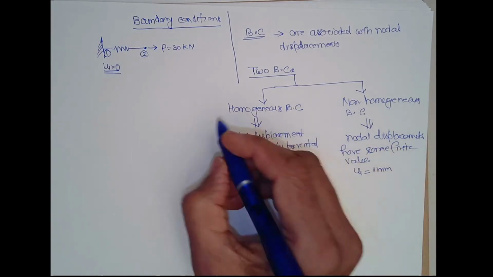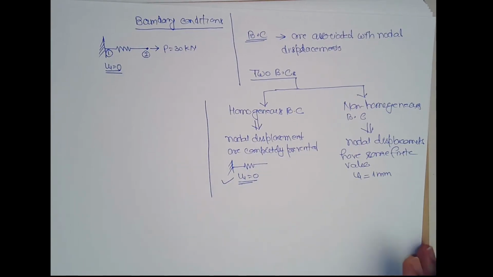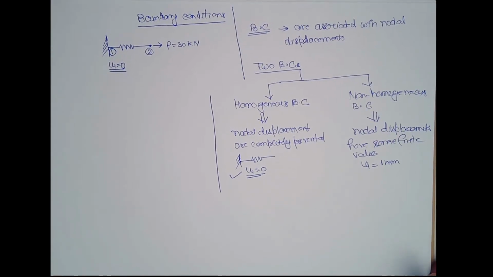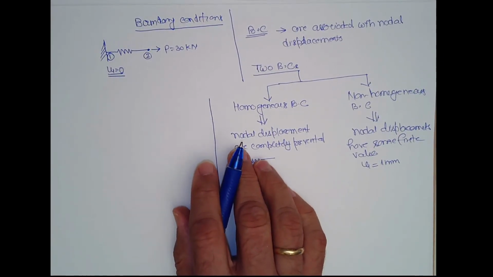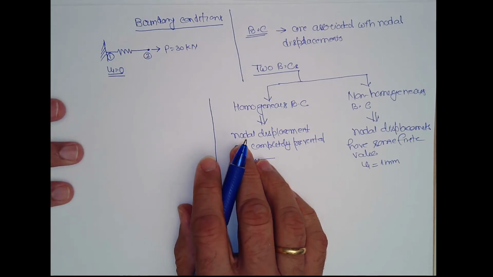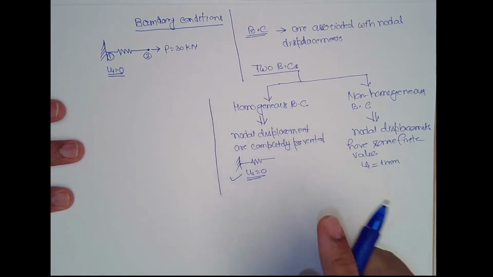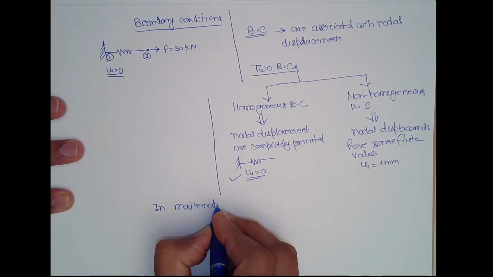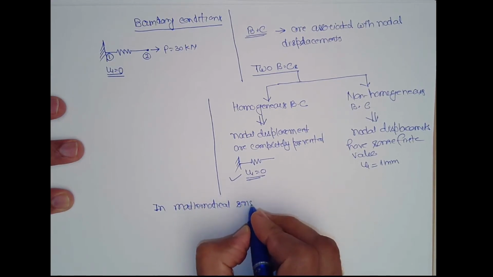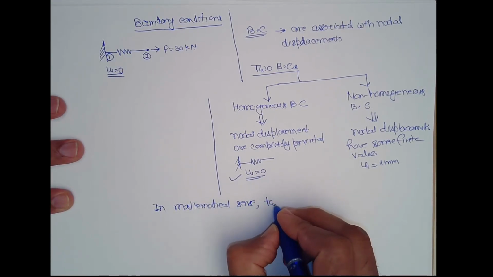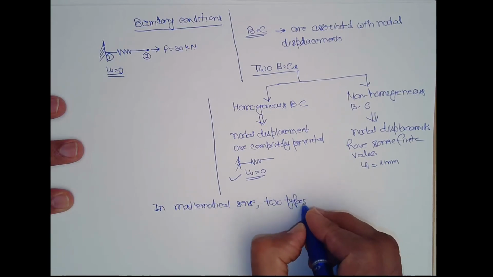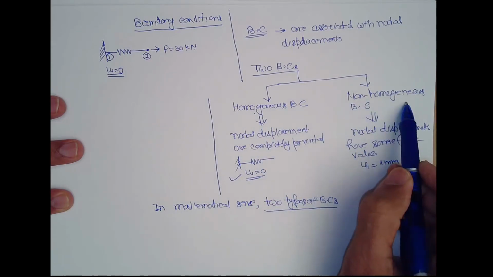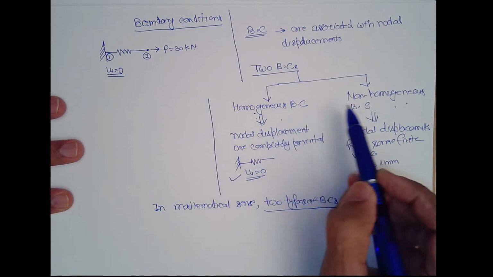In mathematics, when you derive these finite element equations, you play with differential equations. So in the mathematical sense, we also know two types of boundary conditions. This is one classification of boundary conditions, homogeneous and non-homogeneous.